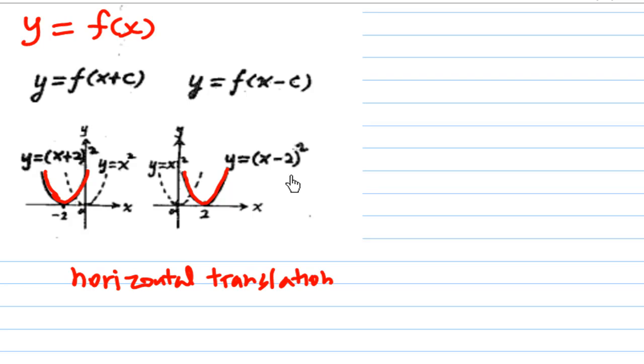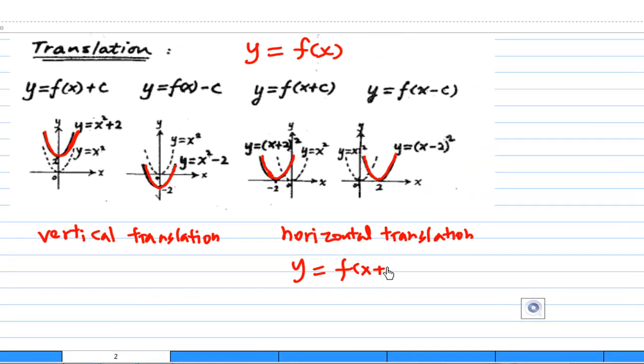So in conclusion, when you have y equal to f of x plus c or f of x minus c, you shift horizontally, whether to the left or right. It's easy to see: you just set x plus c equals 0, you get x equal to minus c. Then you know from there you shift the origin to the point minus c.